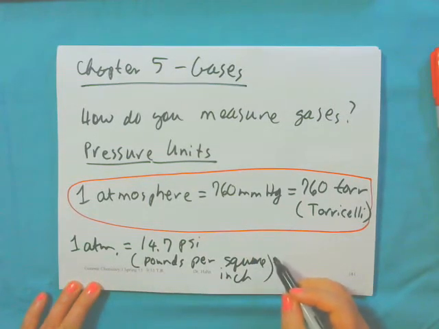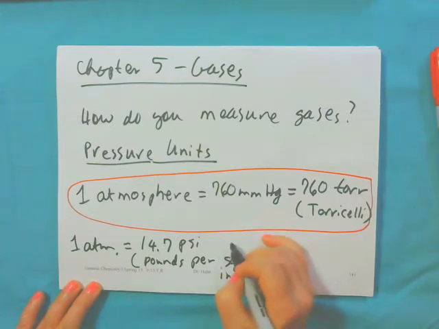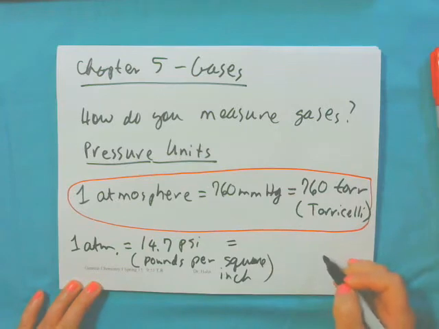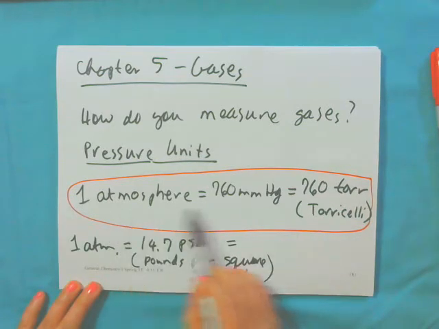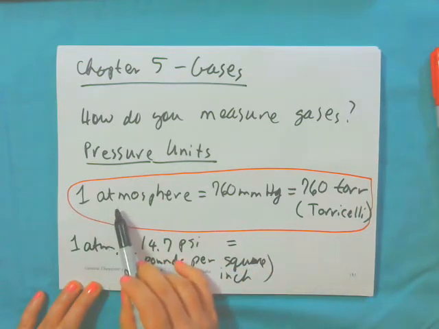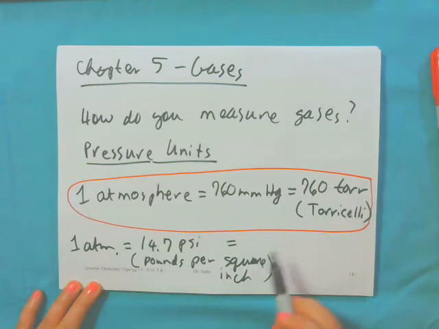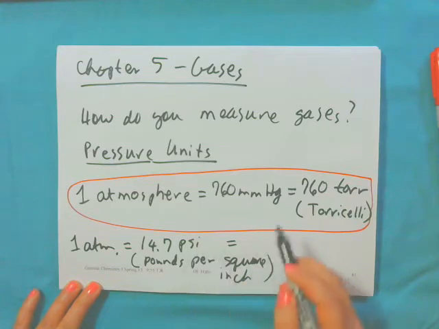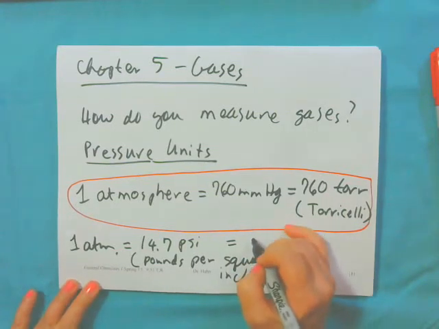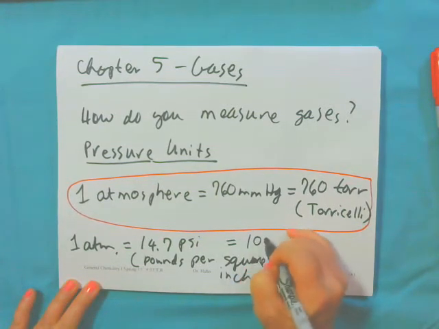So PSI is what people use for measuring pressures in tires and things like that. These are units that engineers and people like that tend to use. Chemists mostly, as far as this chapter goes, this is what we're going to use: atmospheres, millimeters of mercury, and torr. But in addition to PSI, engineering types also sometimes look at pascals.